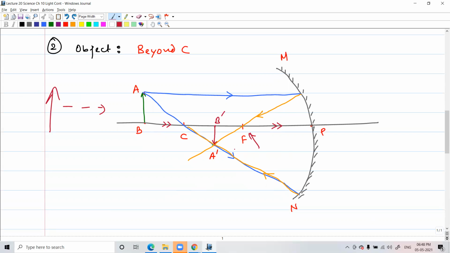If you are further away, the image will be closer to the focus. And if you somehow come very, very close to the center of curvature, your image will also be very close to the center of curvature. Is it clear? Yes, sir.